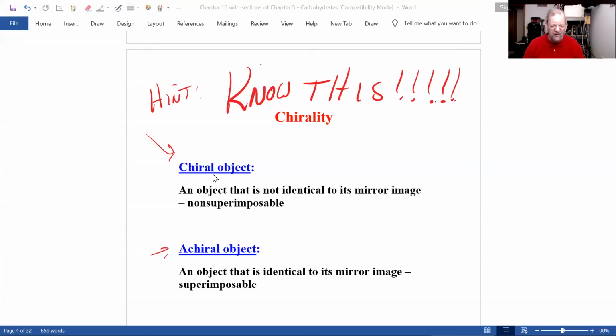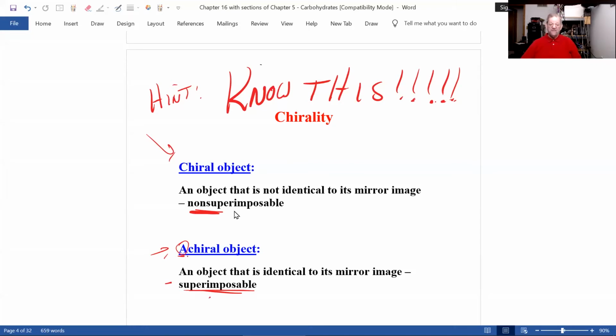So a chiral object is an object that has a non-superimposable mirror image. An achiral, and the prefix A means without. Achiral, without handedness, is an object with a superimposable mirror image. And therefore, we have two types of objects.